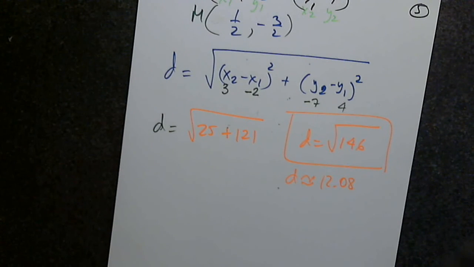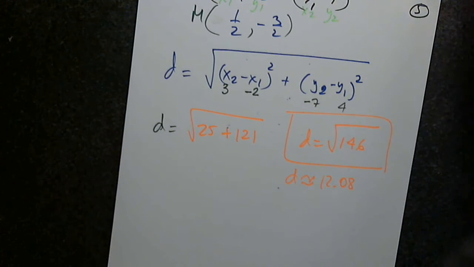Let me show you. Right here, second, the square root is right here with the second key, and we have 146, 12.08. Very good.